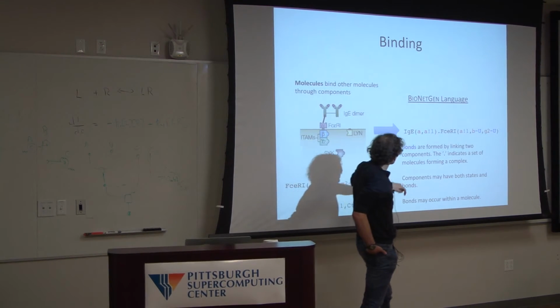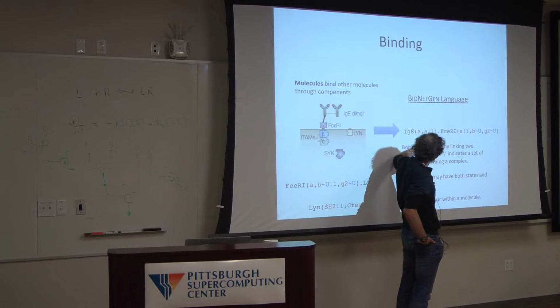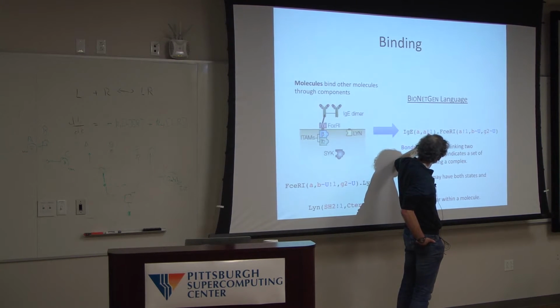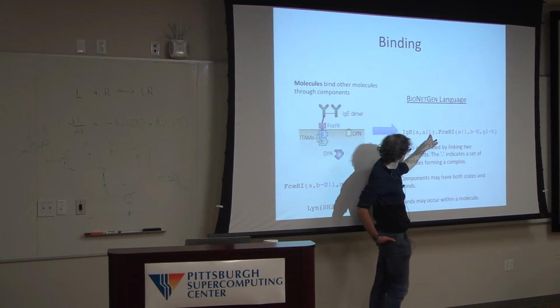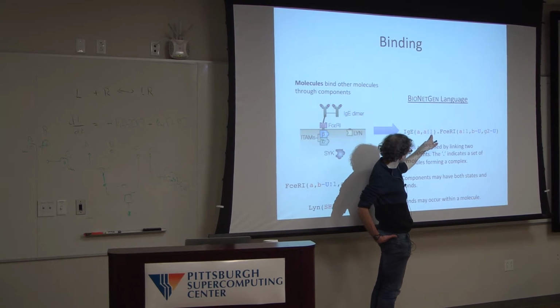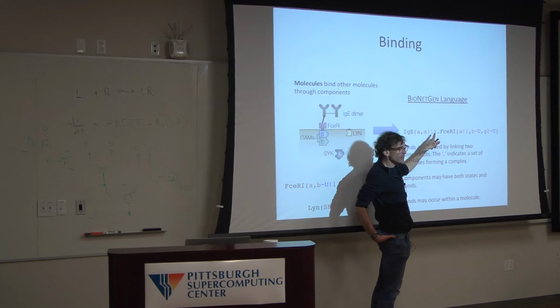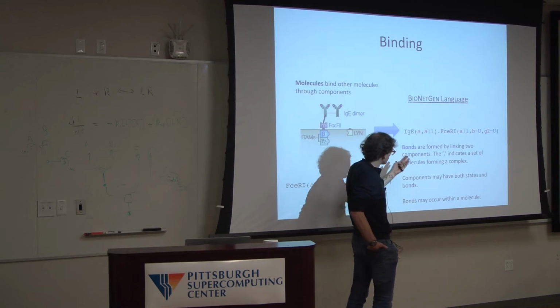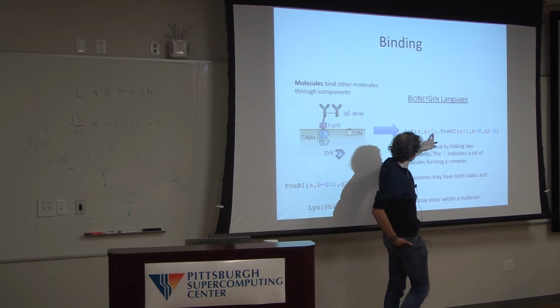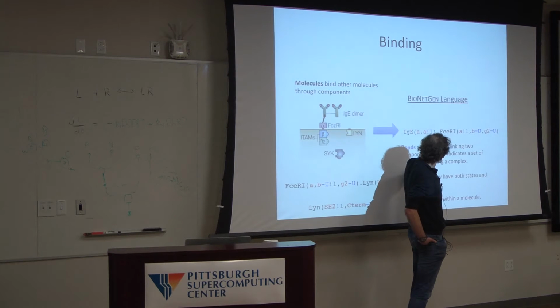So bonds. The binding state of a component is referenced by this exclamation mark, and what follows that is an index that tells you which bond the exclamation mark is referring to. The bond names are arbitrary. They're specific only to a particular complex, and they're just used to indicate the two endpoints of the bond.